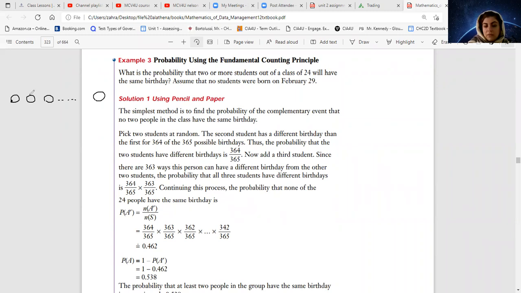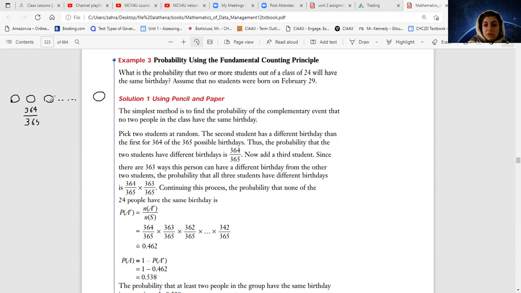Now, if the second student wants to not have the same day, what is the probability that his birthday is not the same as that? One of the days belongs to the first student, so 364 days are left, divided by the total days, 365, because one of the days is occupied by the first student's birthday.